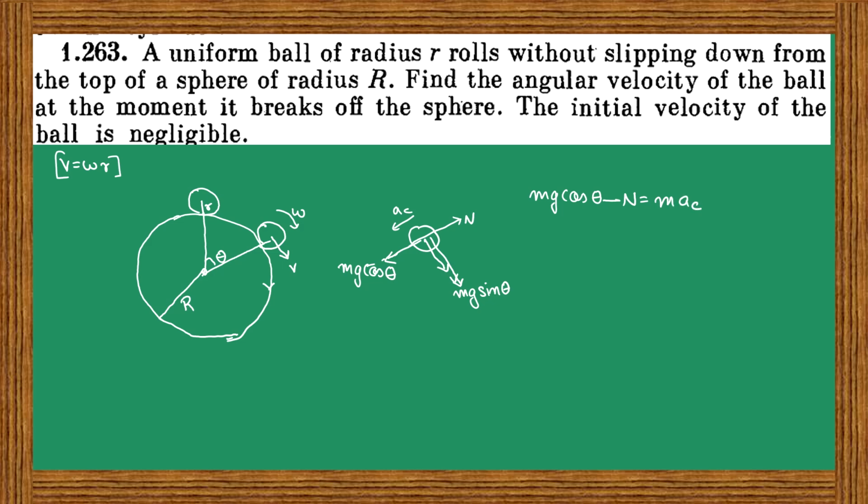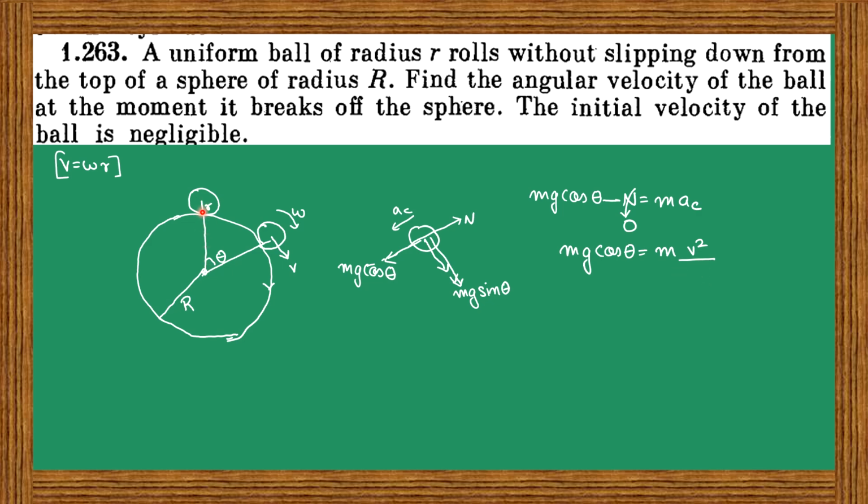Mass into centripetal acceleration. At the time when this body just leaves the surface, what is the condition? The normal reaction force is zero at that point. So mg cos theta equals mass into acceleration. Acceleration is v squared by r. What is the value of r?